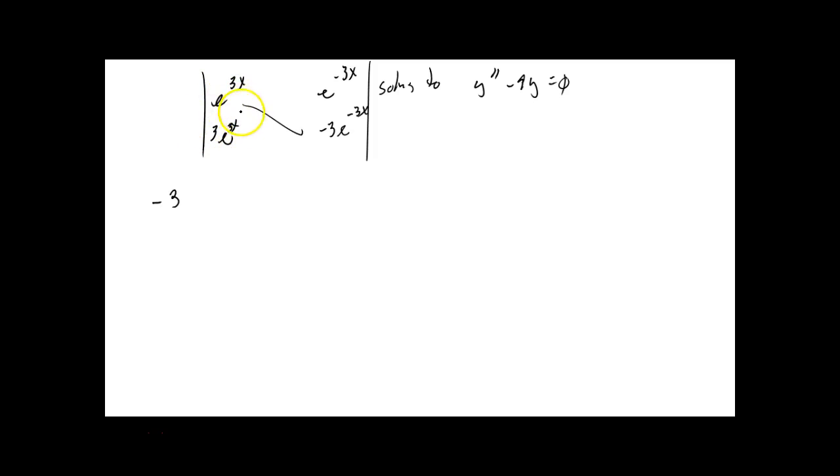So that's a minus 3, and then the up diagonal gives minus 3, so that's equal to minus 6. That's not 0. All that's required is a Wronskian that's not 0. It could be any number in the world, 0.0073 would be fine. It's not 0.